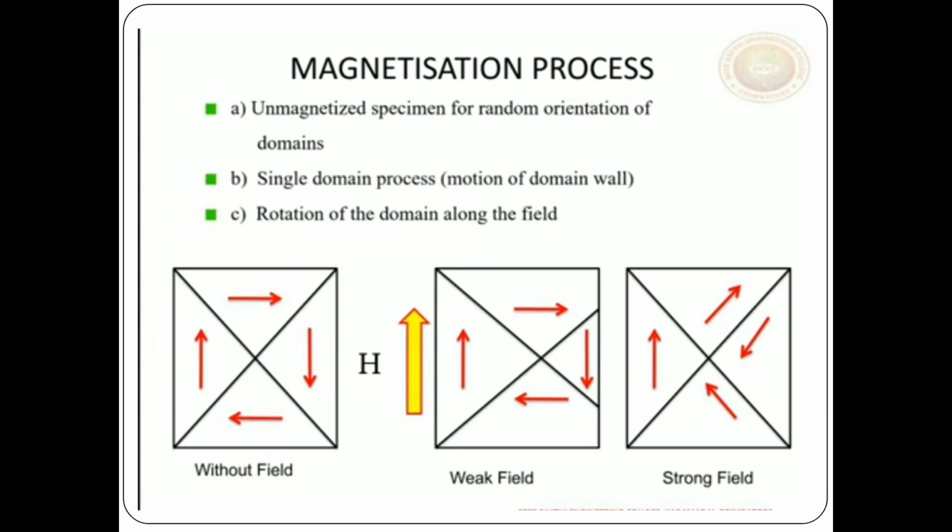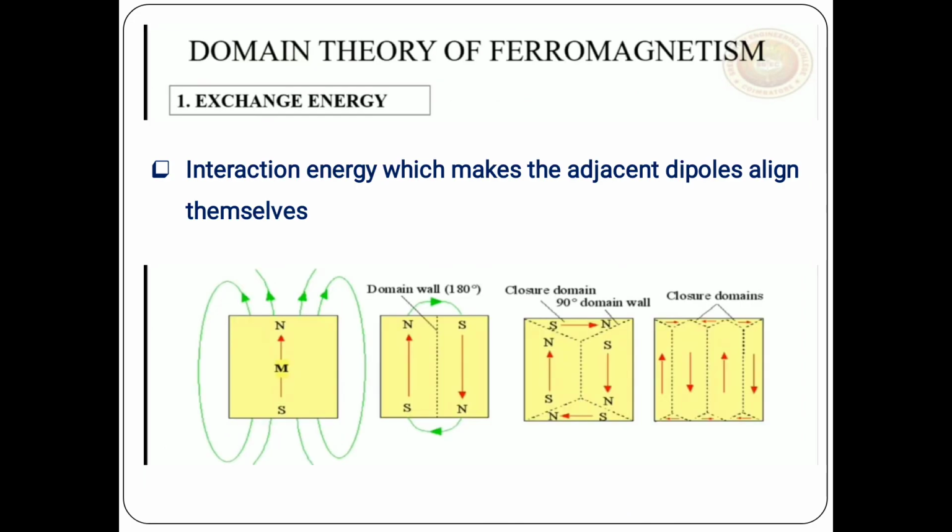And when we apply a strong magnetic field, all the domains try to align in the direction of the applied external magnetic field, that is, parallel to the external magnetic field direction.